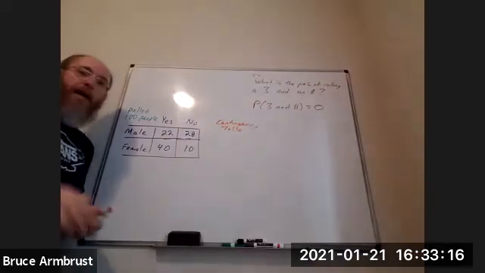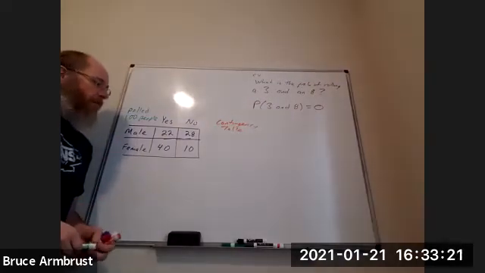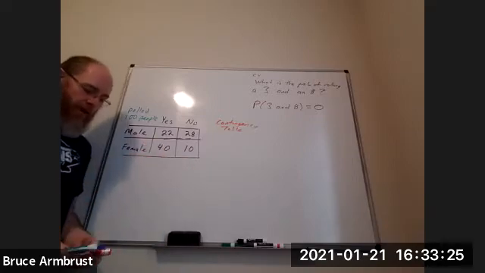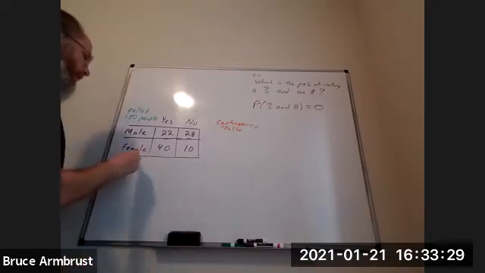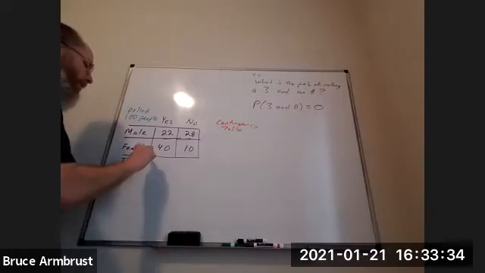Now, another thing that you will often see with a contingency table is another row and another column that holds the totals. So I'm going to put another line here that says total, and the same thing over here.